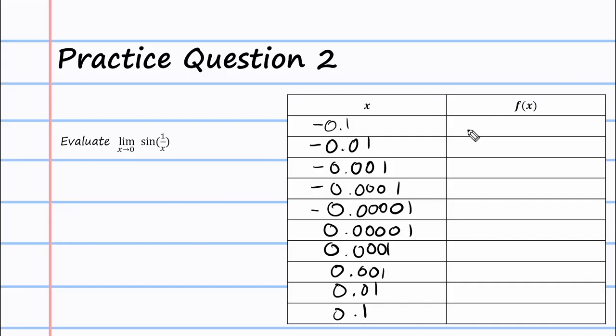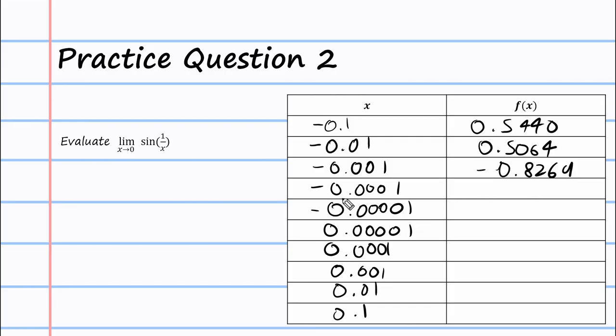So let's see, at negative 0.1, f of x equals 0.5440. At x equals negative 0.01, f of x equals 0.5064. At x equals negative 0.001, f of x equals negative 0.8269.